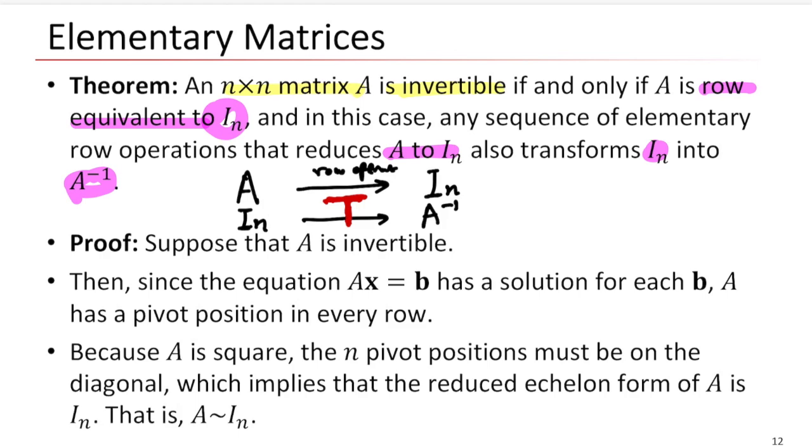Okay, so let's prove it. First of all, let's suppose the matrix A is invertible. Then, since the equation AX equals B has a solution for each B, A has a pivot position in every row.